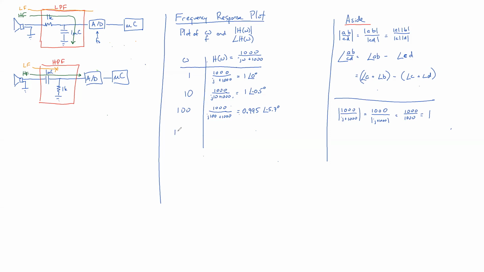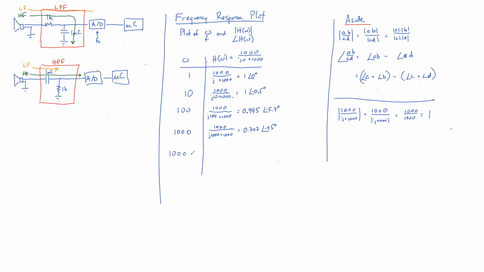Once we get any larger, at 1,000, our shortcut of ignoring the smaller real or imaginary part if there's a difference of a factor of 10 or more breaks down. We can't do that. Now we have to plug it into the calculator.